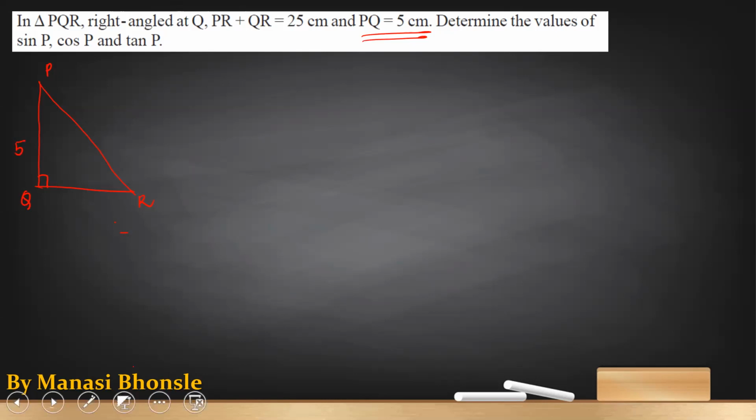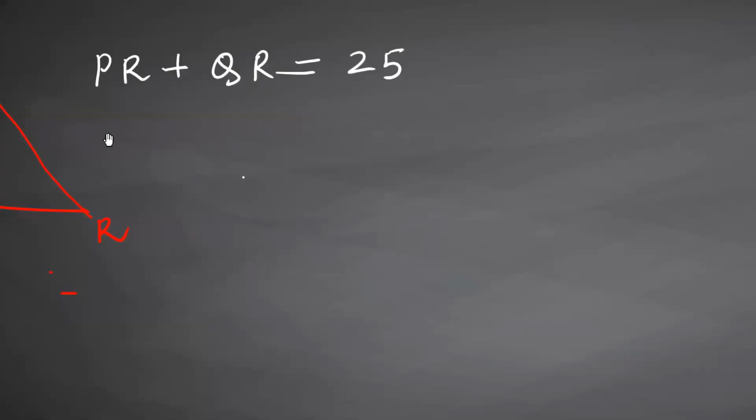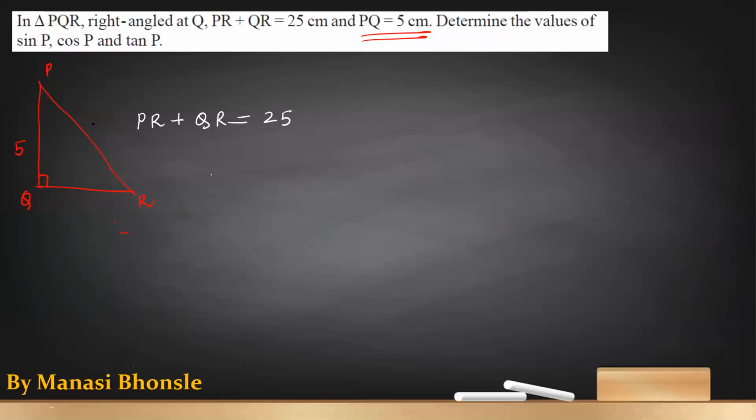And PR plus QR is going to be 25. Now let us say let PR be equal to X. So therefore QR is going to be 25 minus X. Okay.